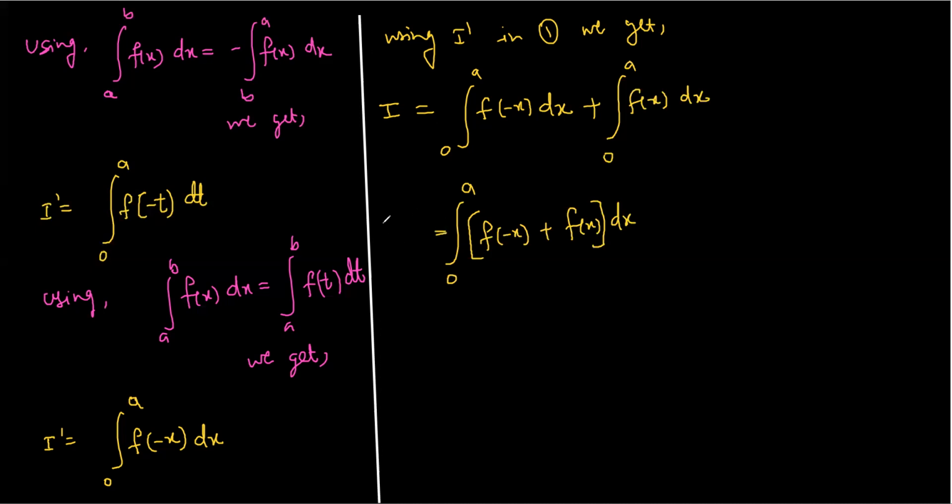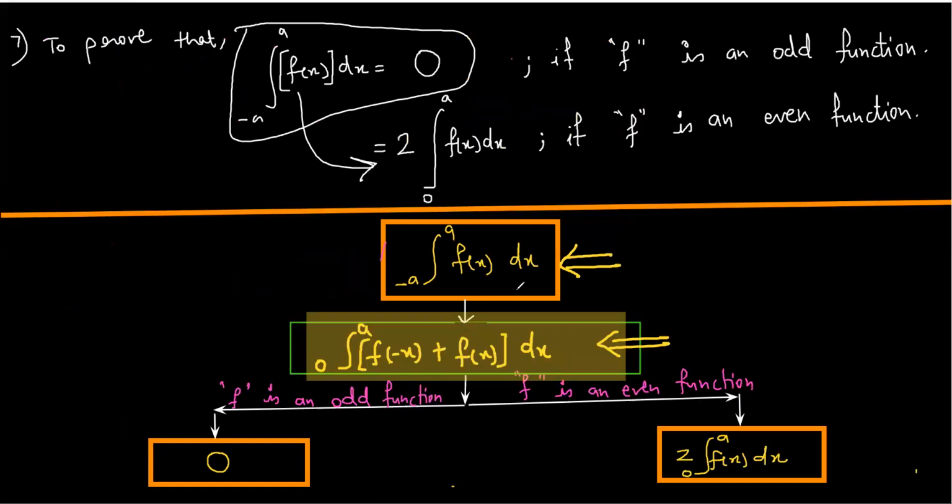See, if I replace I by minus a to a f of x dx, you have proved the first main required part. I have proved that this is equal to this. Once you have achieved this, the rest becomes very simple.